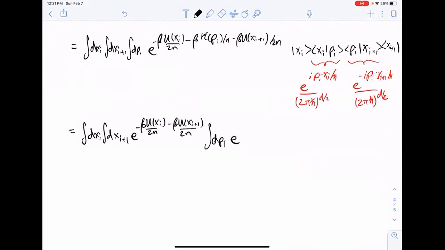If I unwrap what the kinetic energy must be for a single particle, that's just momentum operator squared divided by twice the mass of whatever particle I'm considering.